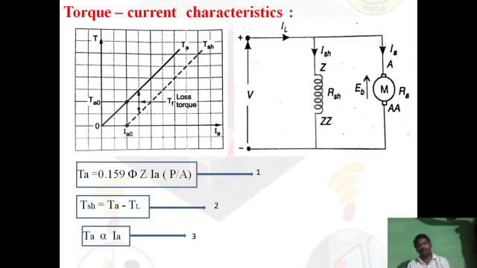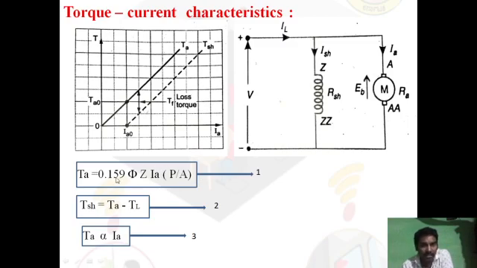So A represents the number of parallel paths related to the type of armature winding. Here the armature torque depends on these parameters.